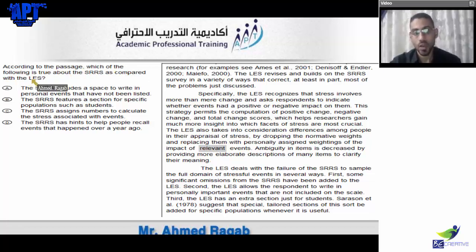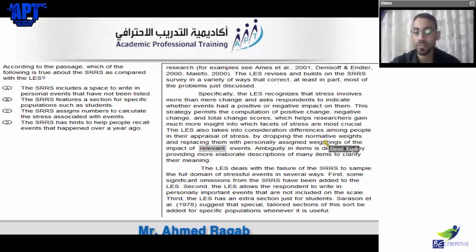Now, according to the passage, which of the following is true about SRRS as compared with LES? The whole passage. Okay. SRRS includes a space to write in personal events that have not been listed. SRRS features a section for specific populations such as students. SRRS assigns numbers to calculate the stress associated with events. The SRRS adds into how people recall events and what happened over a year ago. Now, let's read right here. We said from here until here, it asks them to add more things.